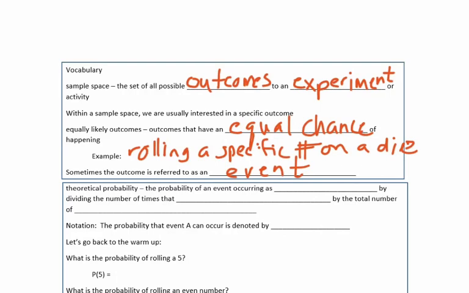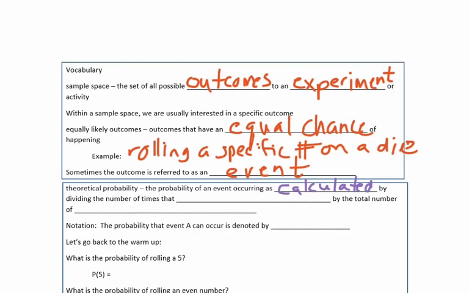Now, within probability, there are two kinds of probability that we talk about. One of them is theoretical probability. So we're going to do a definition of that. Theoretical probability is the probability of an event occurring as calculated. So this first blank here is calculated.